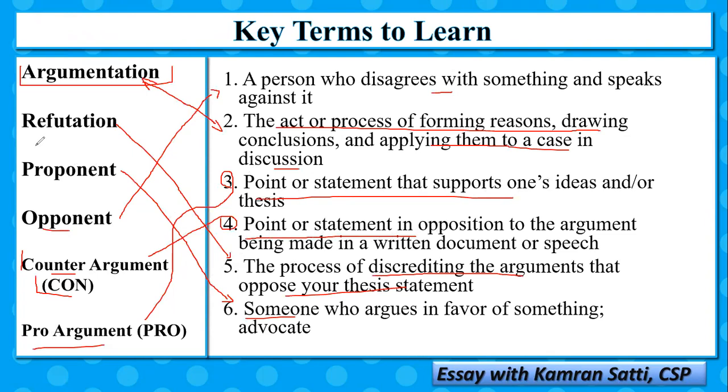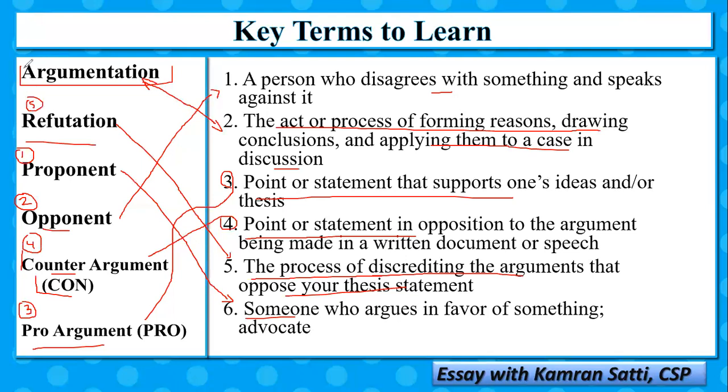And now, what is finally called refutation? Refutation is the process of discrediting the arguments that oppose your thesis statement. So that is the actual process: proponent, opponent, pro argument, counter argument, and then we refute the counter argument.